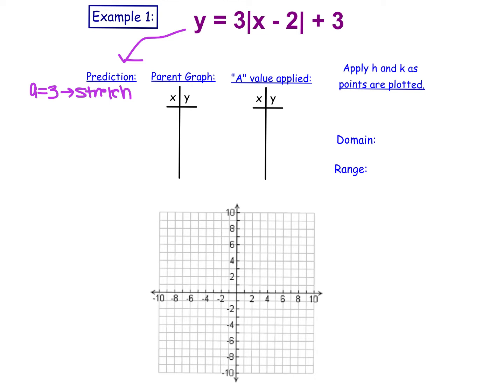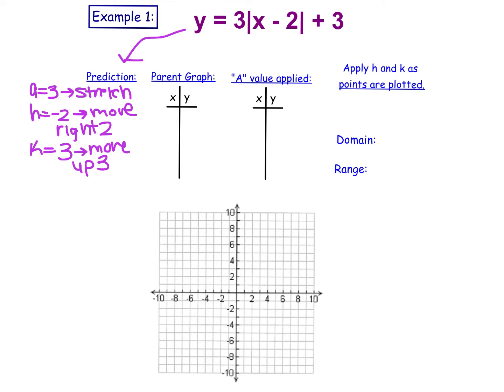I see that h is equal to negative 2, so what I know that means is that my graph is going to move in the positive direction, so it's going to move right 2 units when compared to the parent graph. And then I can see that k is equal to a positive 3, so the graph is going to move up 3 units. That's what I expect to see.